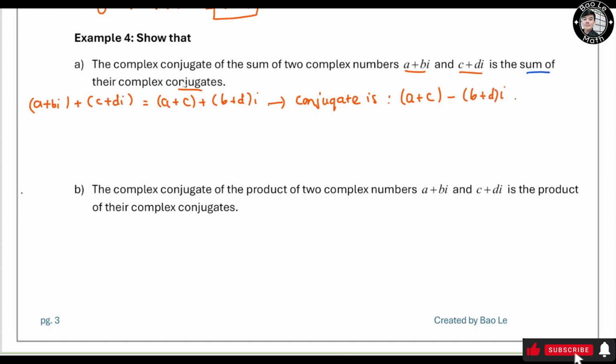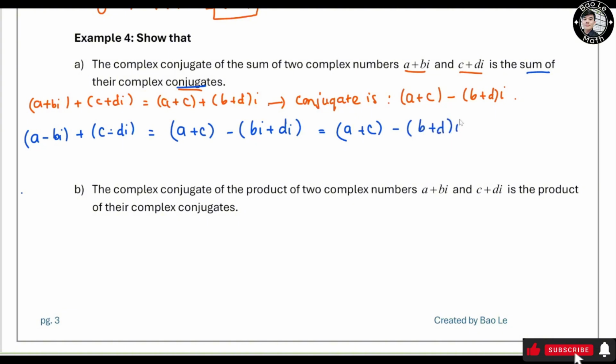Now the sum of the conjugates, so we're going to take the conjugate of each one: a minus bi plus c minus di, right? So it could be a plus c minus bi minus di, so it could be a plus c minus (b plus d)i, right? This guy is the same, right? So this has been proved.